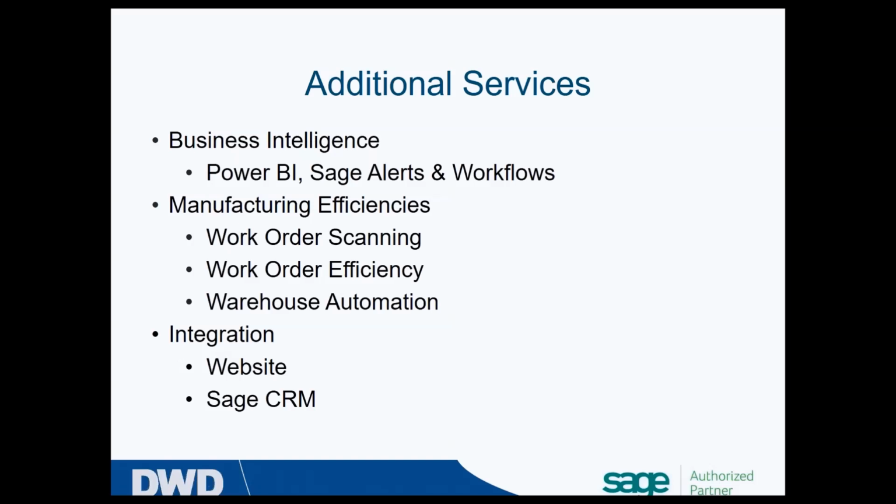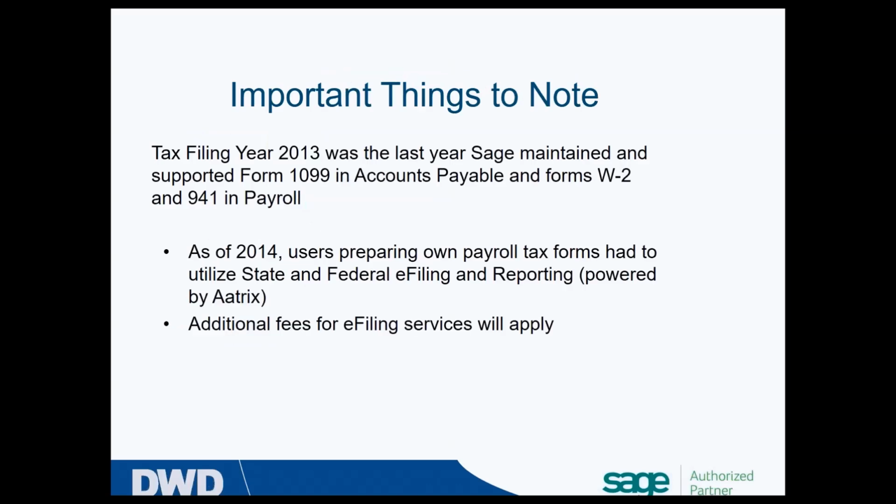There are some third-party tools that will talk directly to your Sage software, scanning functionality, work order efficiency, and warehouse automation. And we also can help you with integration tasks. Say you want to integrate your website and pull information into your Sage 100 software. We can facilitate that, as well as Sage CRM.